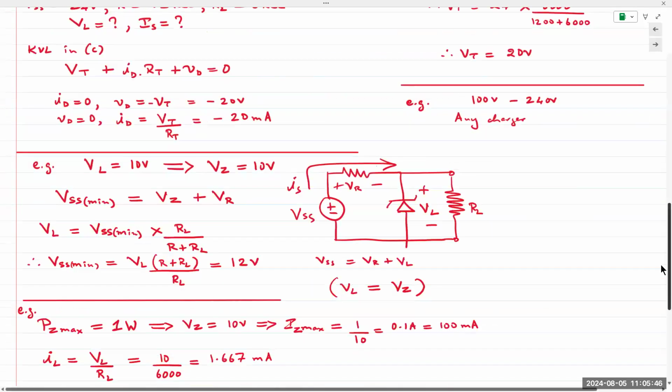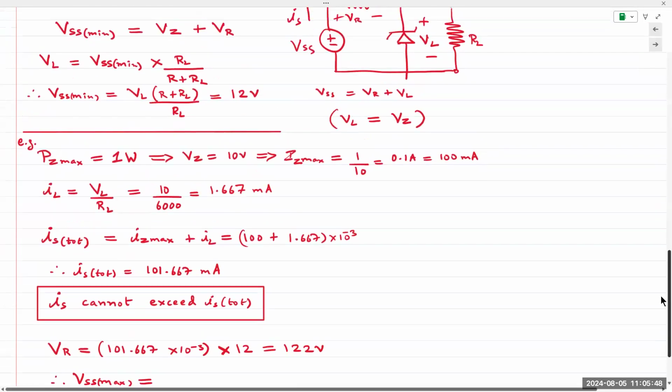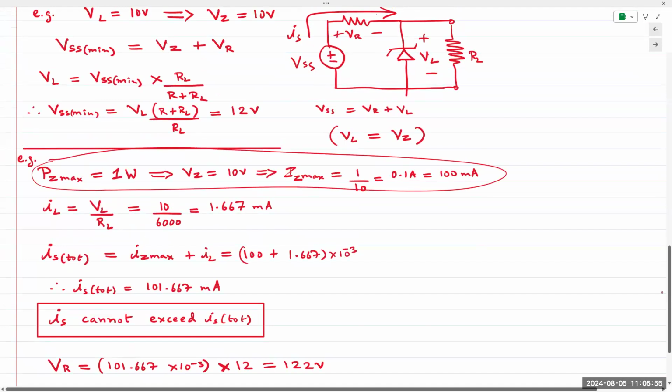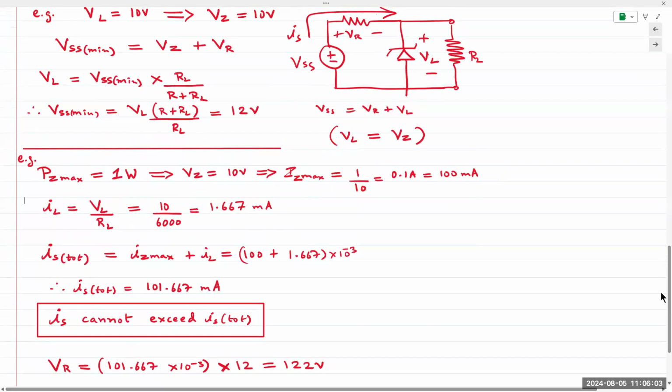Sorry, not the load. From the Zener diode power rating, we calculate the maximum current that the Zener diode can handle, which is 100 milliamps. We already know what IL can be, which is 1.667.